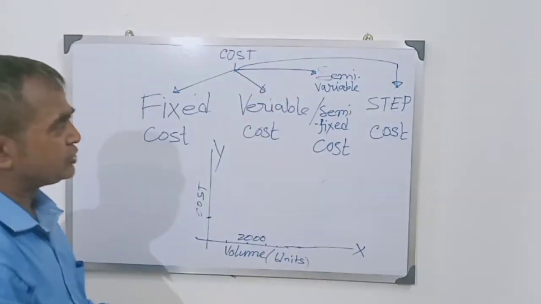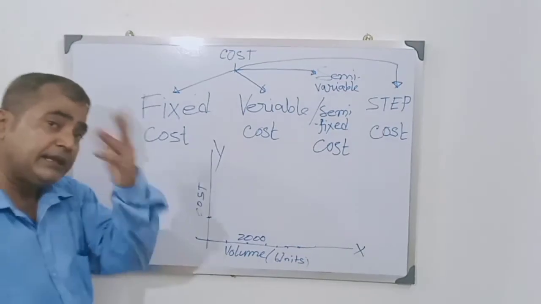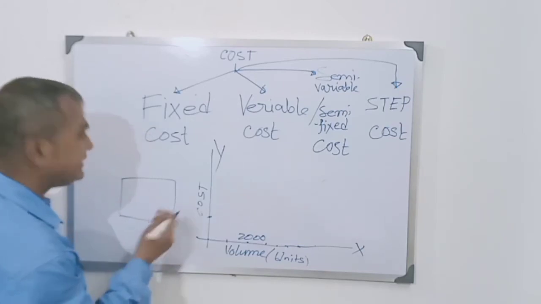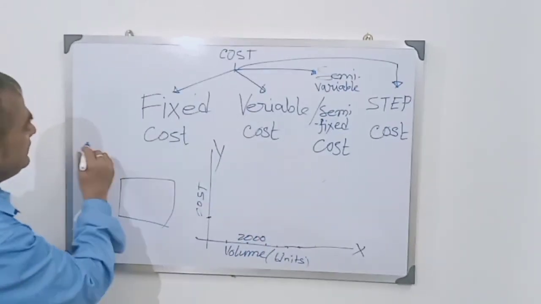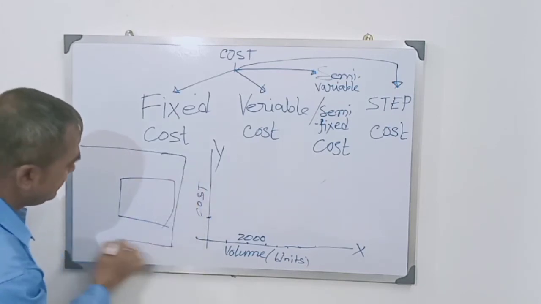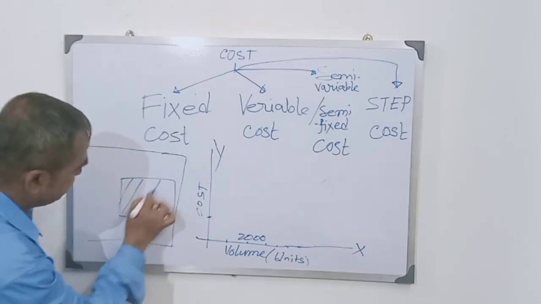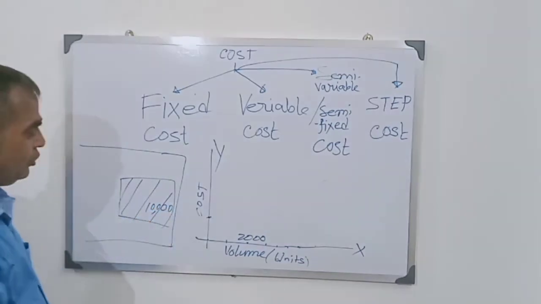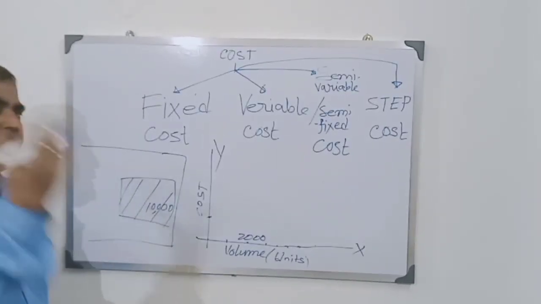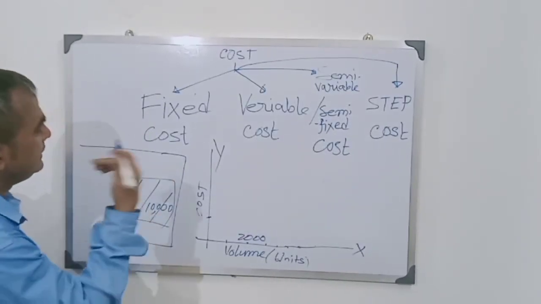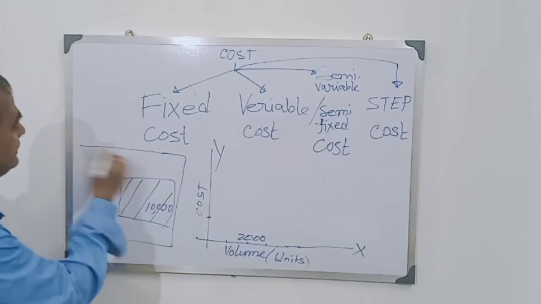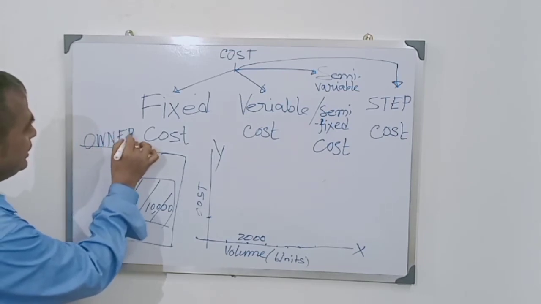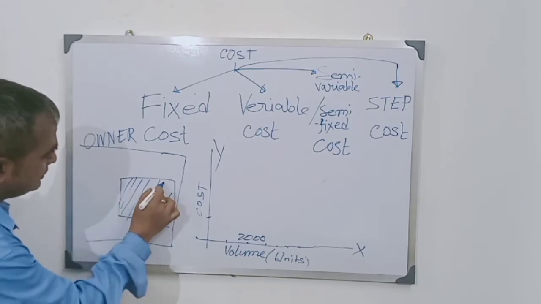Now step-up cost or step cost. I said that you have a certain area on rent in somebody else's factory. Here your capacity is, say, 10,000 units. Now there is a demand, so you start increasing by taking spare capacity from the owner of the shed. You rent it and carry on production.